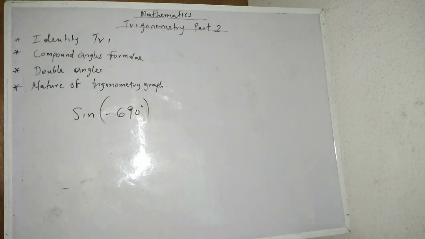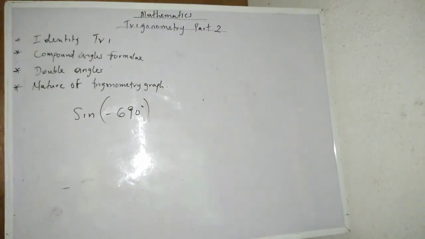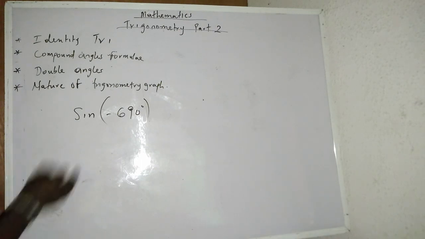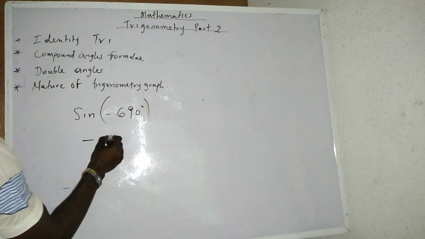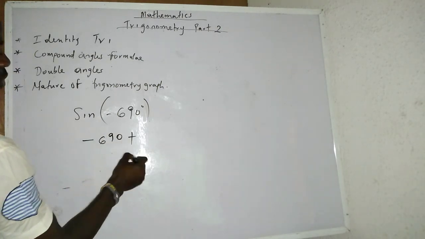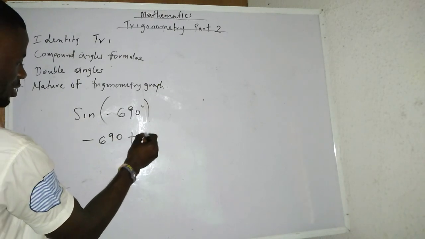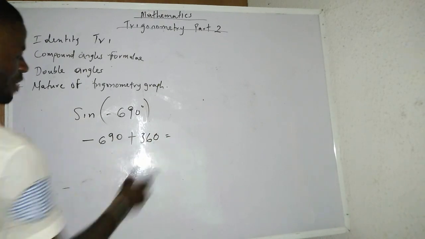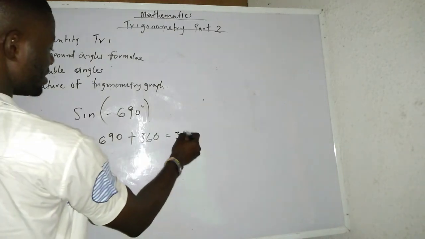This angle is beyond 360, so I will add 360 to it. Minus 690 plus 360 gives 330 degrees.